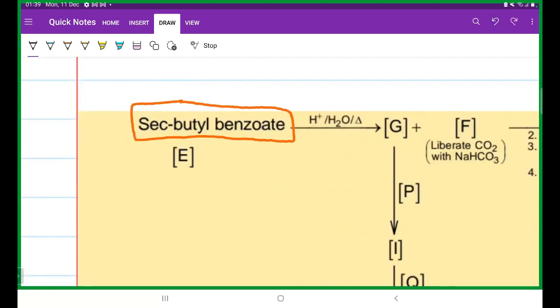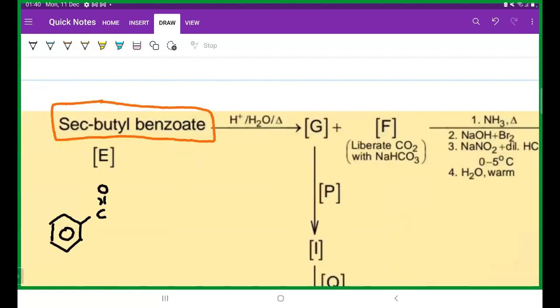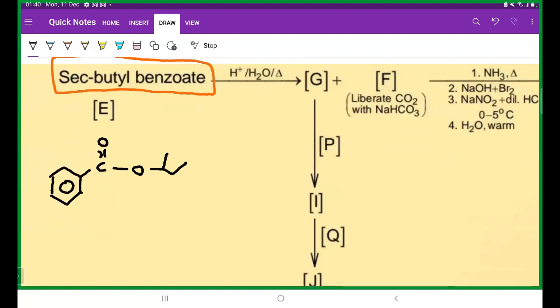I'm sorry, my stylus is malfunctioning sometimes. Now we are adding water and acidulated water, that is H plus, H2O.